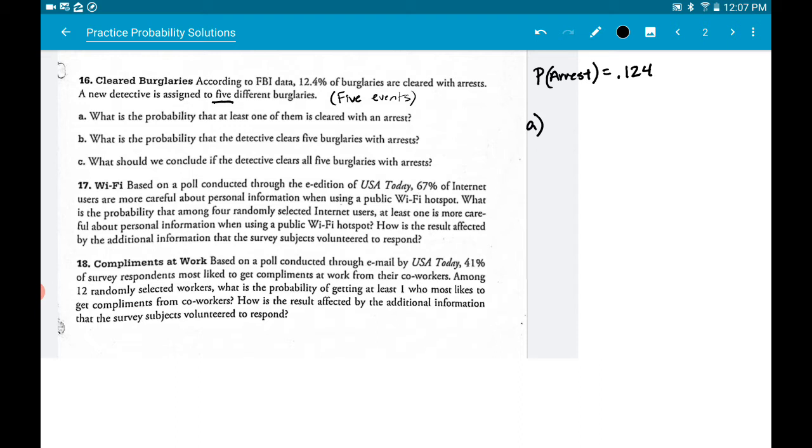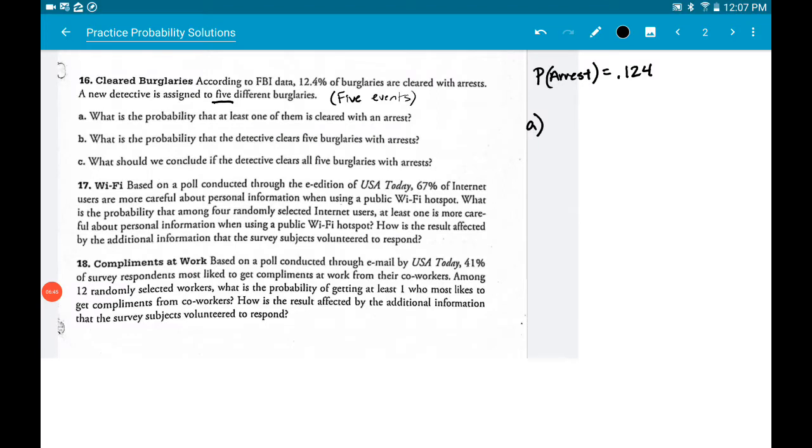All right, so this is a tricky question. You could have 1 arrest, you could have 2 arrests, you could have 3 arrests. At least means 1 or higher. And so I think this is one of the hardest ones maybe on this handout.